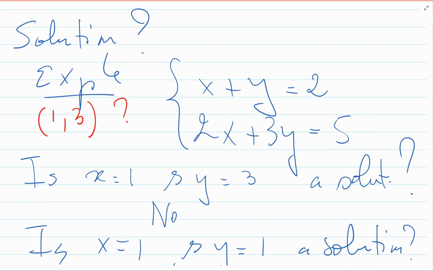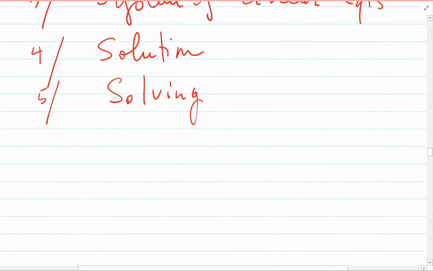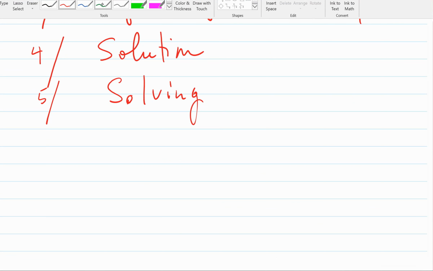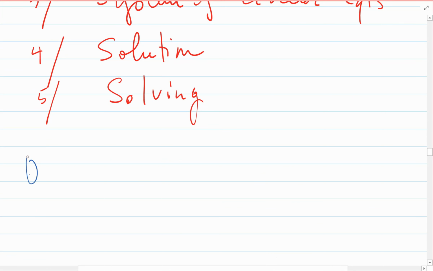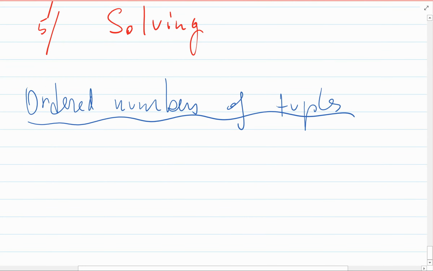So we have what's known as ordered numbers. We put an order, first, second, etc. Here we have this concept of ordered numbers, or tuples. Let me give you a very simple example.